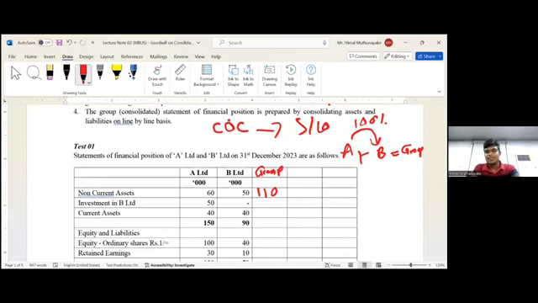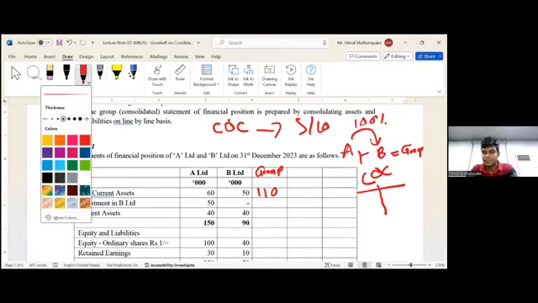Then we have the investment in B Limited. That means to acquire this 100%, you spent 50,000. To acquire this 100% in B Limited, you spent 50,000. So then what we need to do? We need to prepare the cost of control account.